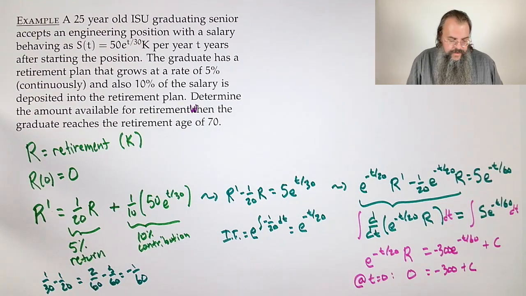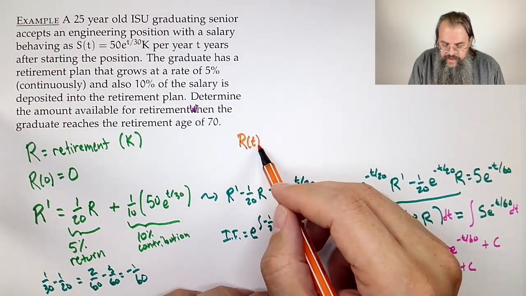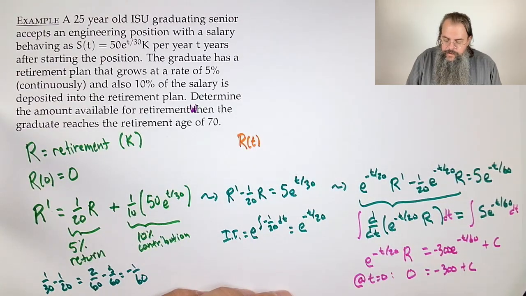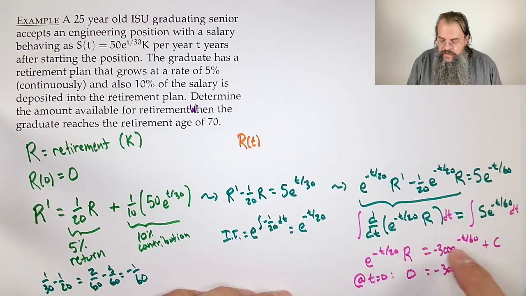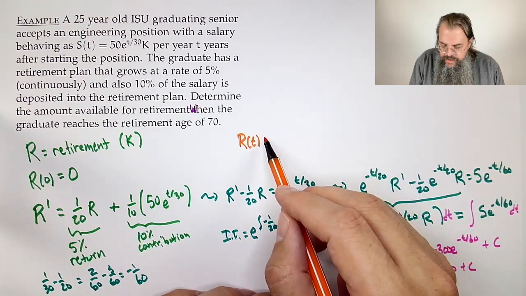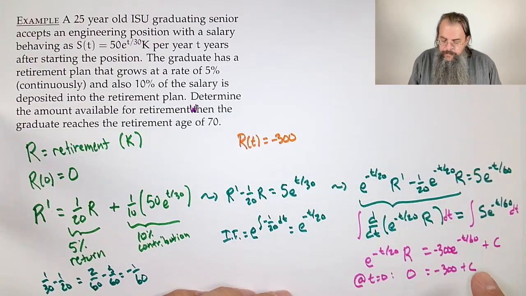All right. Well, let's put this together. Our retirement at any given time, we need to move this across, so you're multiplying by e to the t over 20. So that would be minus 300. Well, if you have 1 over 20 and then you subtract 1 over 60, what would you have?